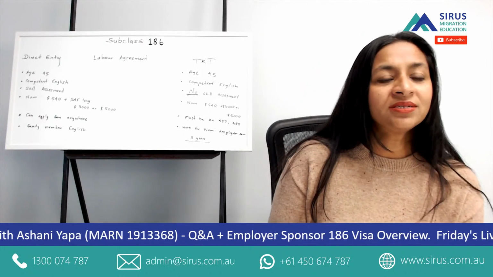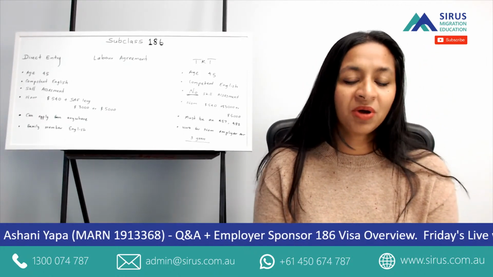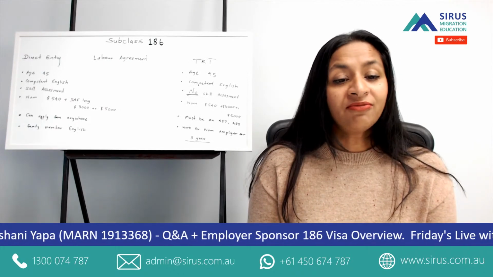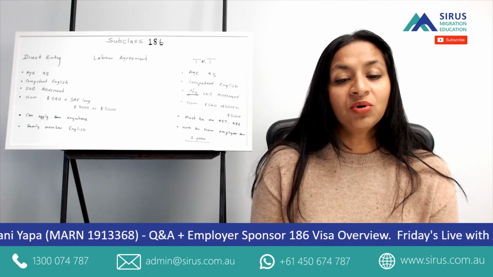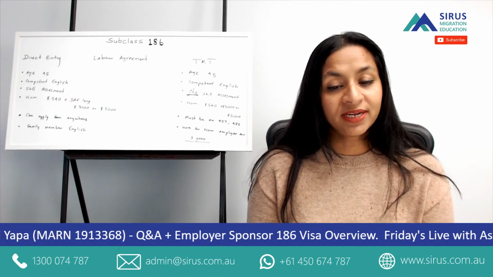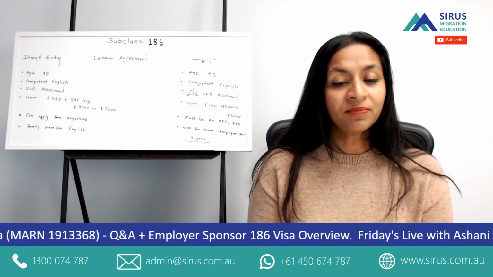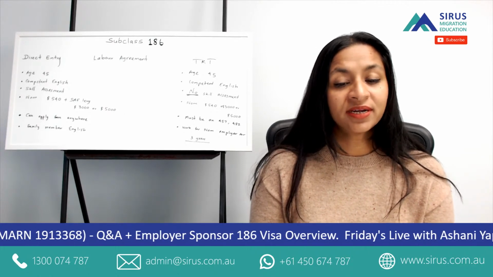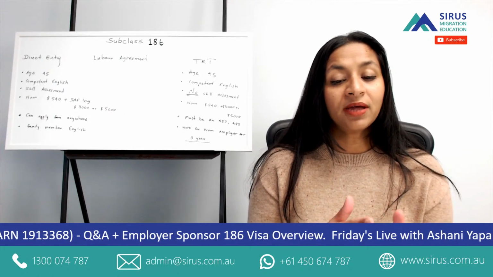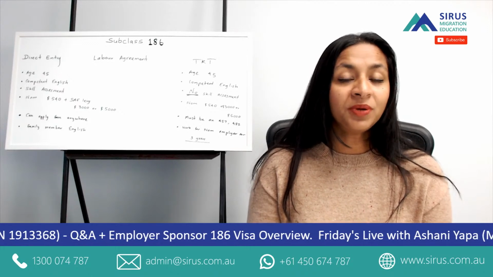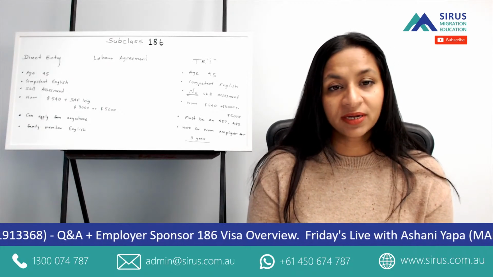Right, so what is the direct entry stream and what is the requirement? If an applicant wants to apply for a subclass 186 visa from the employer nominated stream, subclass 186 direct entry, the applicant needs to meet a few entry criteria.